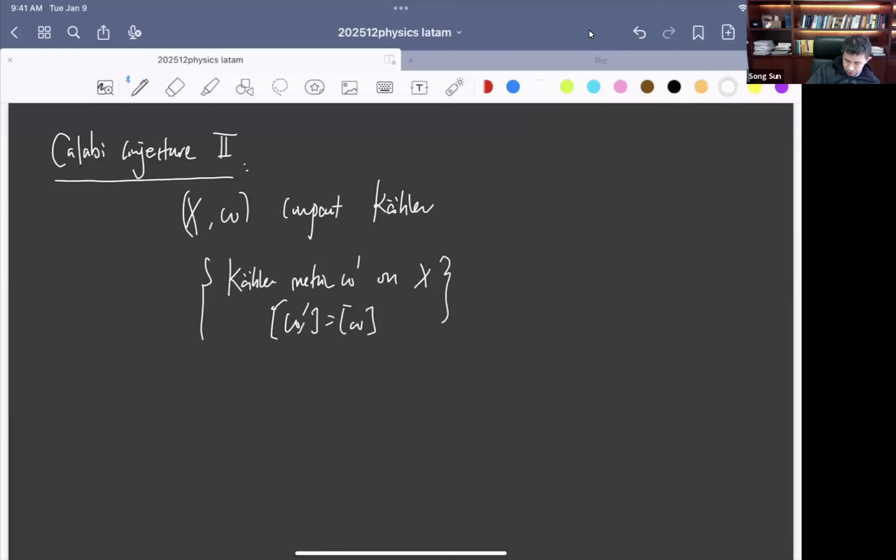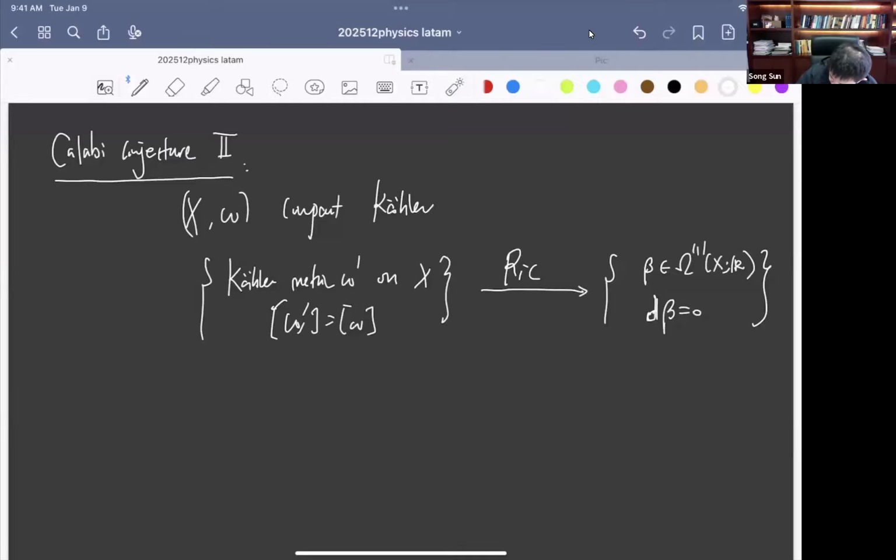So this is a set, and you have a Ricci map to the representatives of the first Chern class of X. More precisely, beta in Omega 1 of X, real valued, with d beta equals 0, all representatives in this class.